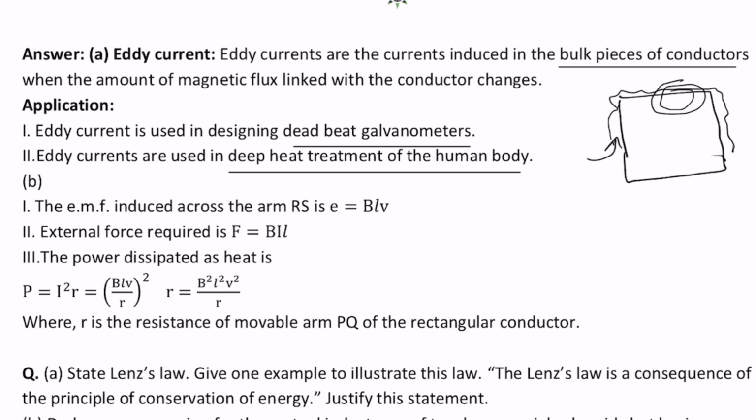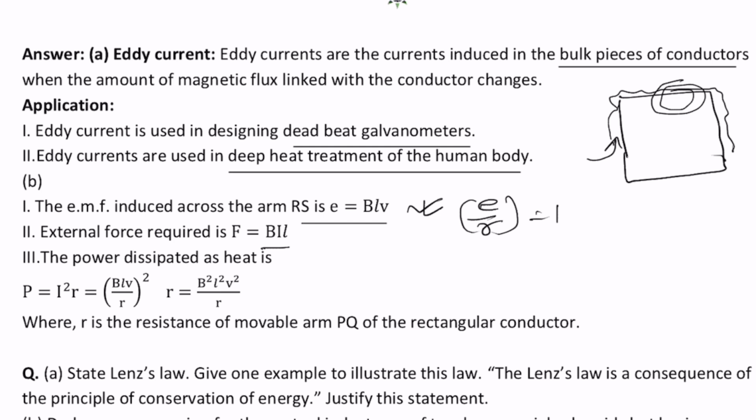The EMF induced across the arm RS is equal to B into L into V. So the external force required is equal to B into I into L. The power dissipated is I square R, where I equals BLV by R, the resistance. This is EMF, so current is equal to EMF divided by resistance.